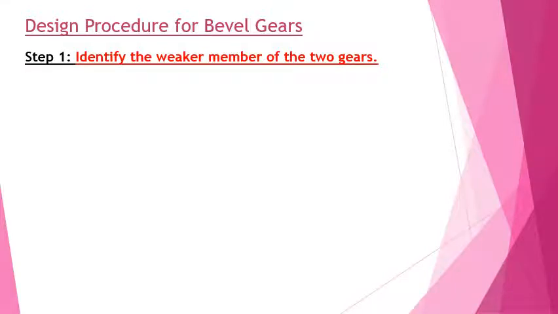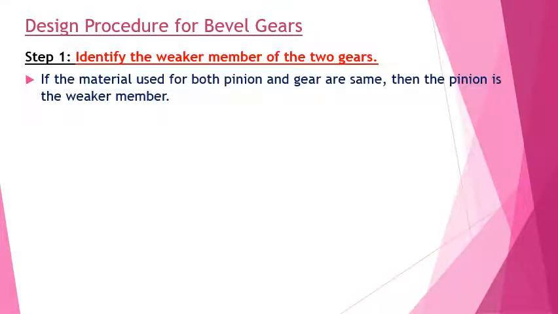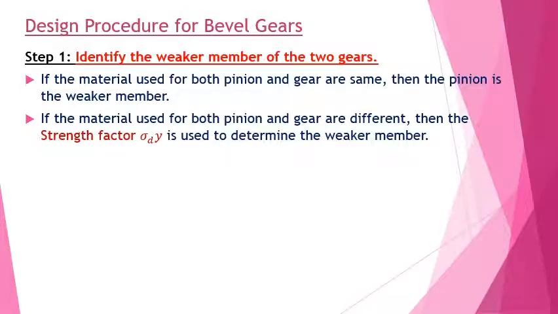Coming to the design procedure for the bevel gears, first step is to identify the weaker member between the two gears. So if the material used for both pinion and gear are same, then the pinion would be the weaker member. If the material used for pinion and gear are different, then the strength factor sigma d into y is used to determine the weaker member.